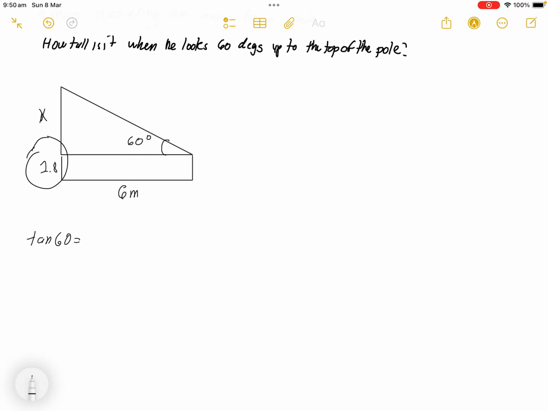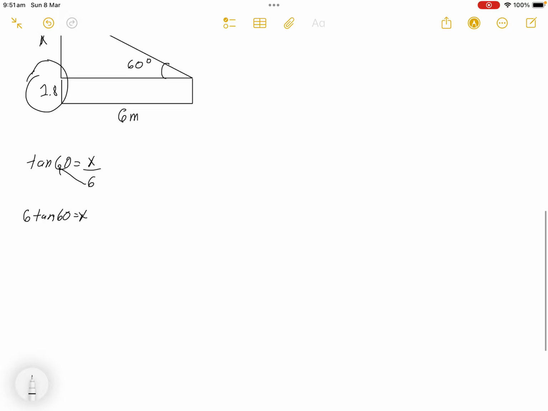Tangent of 60 equals x over 6, and you multiply both sides by 6 to get rid of the denominator. So 6 times tangent of 60 is going to give you 10.392.